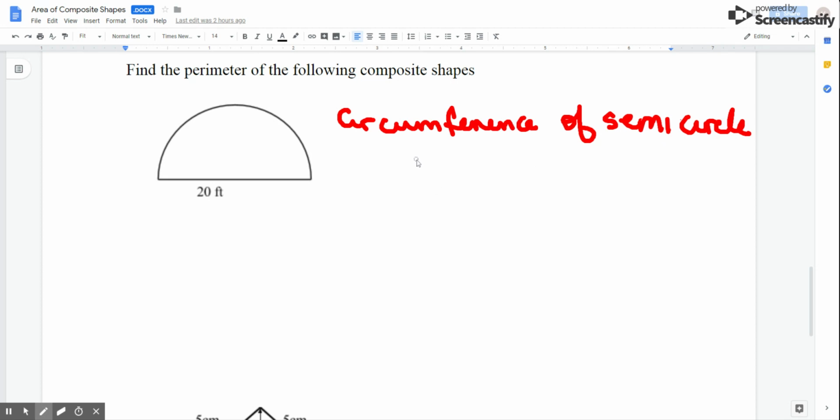So the circumference of a circle is pi times d. And since we're doing half a circle, we're going to divide the answer by 2.